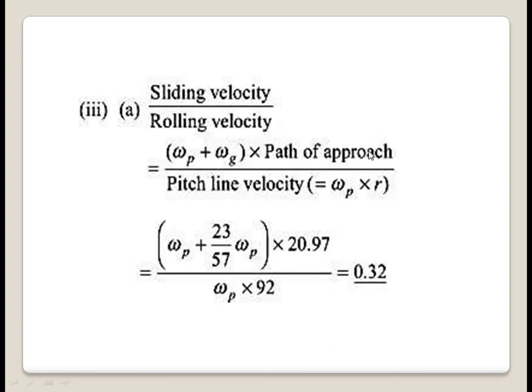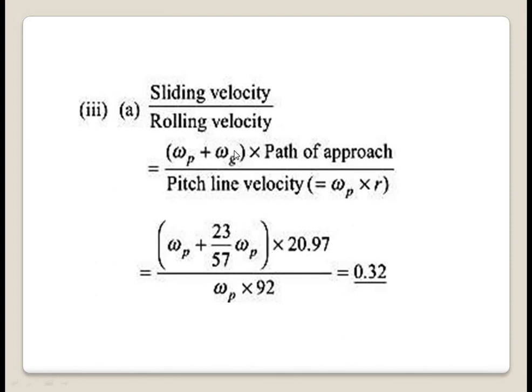The ratio of omega g divided by omega p is equal to small t divided by capital T. That means number of teeth and angular velocity are inversely proportional.